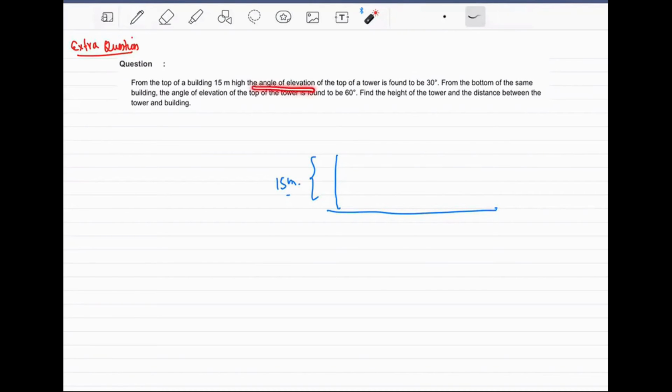From this building, we are looking up to the top of a tower. There is a tower on the side. So there must be a horizontal line here, and the angle of elevation is 30 degrees.